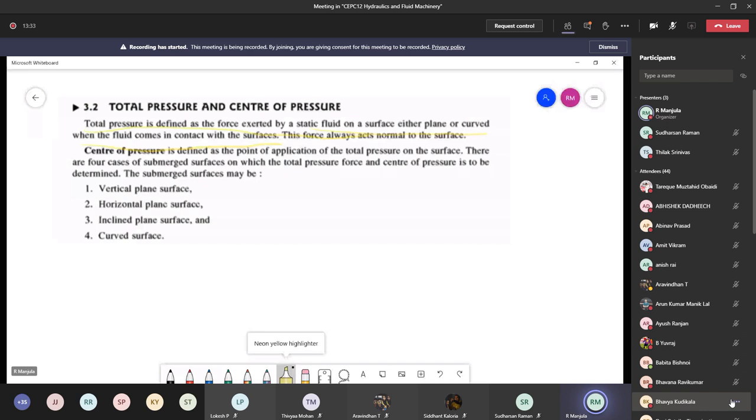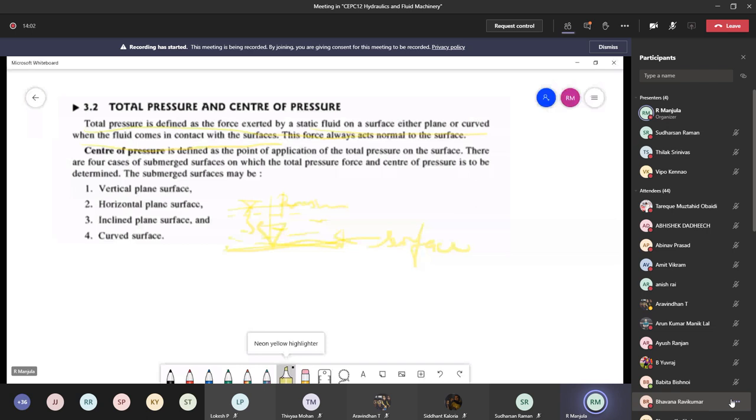Suppose if this is your fluid, and this is going to be your surface, then whatever is the pressure which is acting on this surface is nothing but your total pressure, and this force always acts normal to the surface.